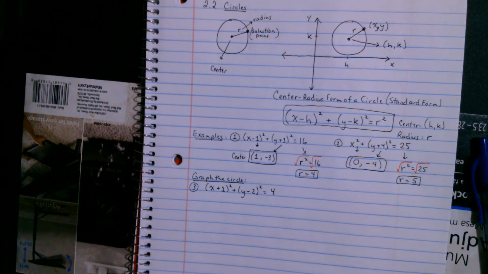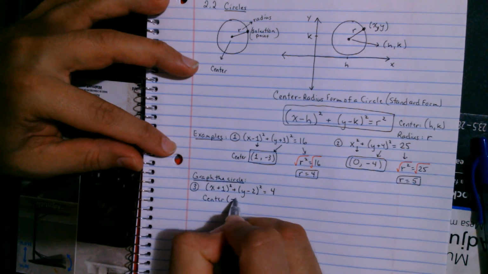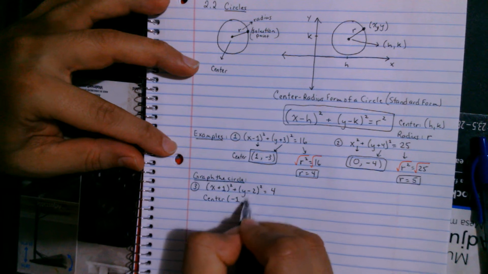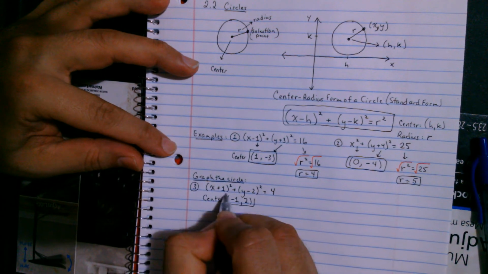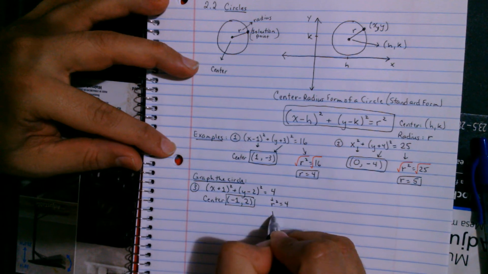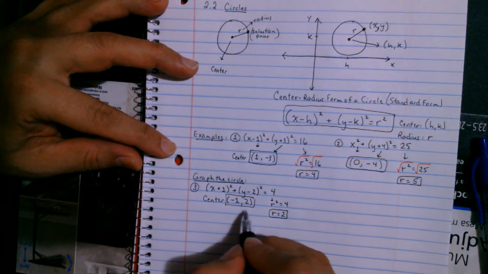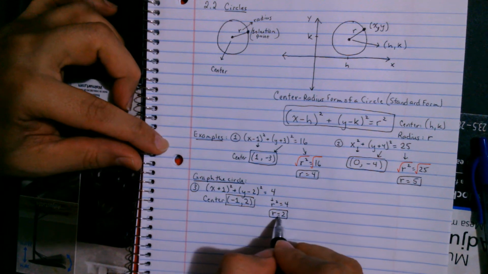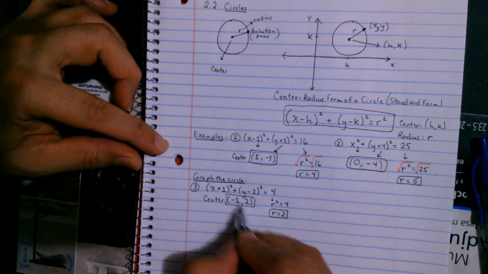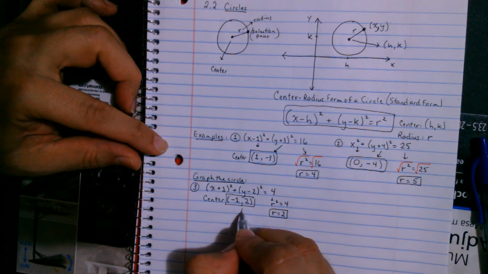So in essence, get the center: opposite, opposite. Your r squared is 4, so your r is 2. When you're graphing, this means from this point you're going to go equally in all different directions, 2 units. The easiest four directions are up, down, left, right.